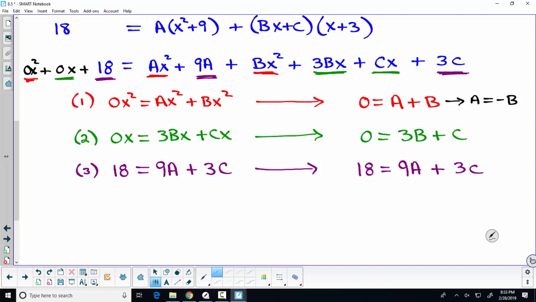We could plug in negative B for 9 times A. Add that to the equation above. Oh, that's a negative.